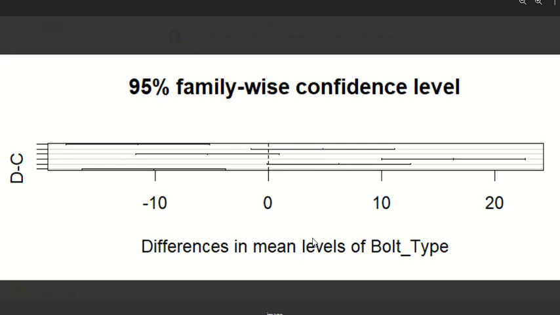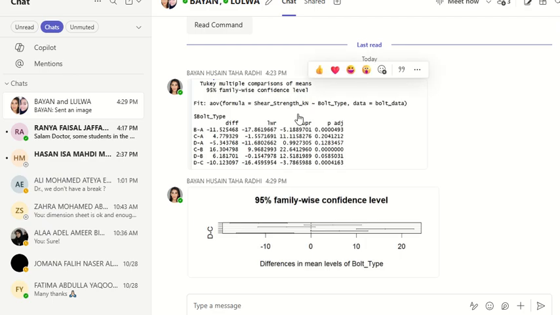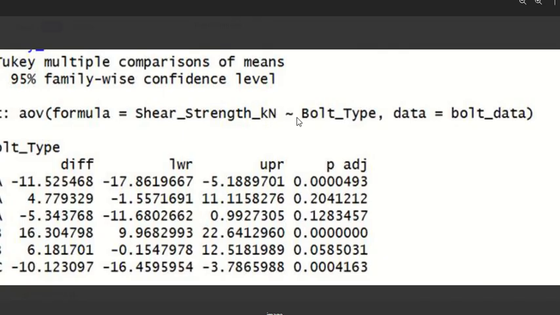So this is -10. It's basically a plot of these values, the differences.